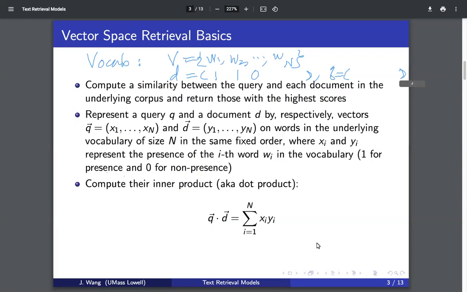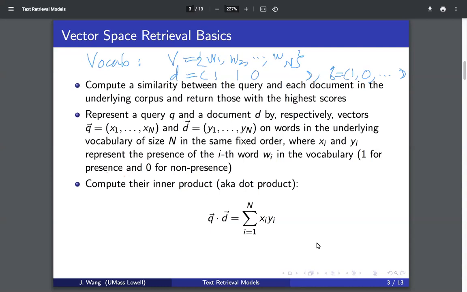It's a long vector of the same dimension, but obviously it should be shorter than D, so it will only contain a small number of ones. The others are zeros. For instance, if W1 appears, it's 1. If W2 doesn't appear, it's 0. So that's how we represent a document and a query.